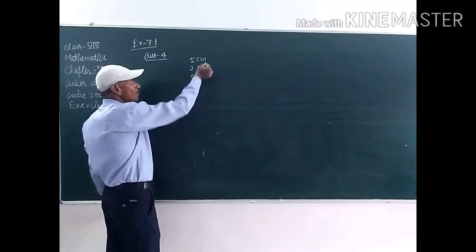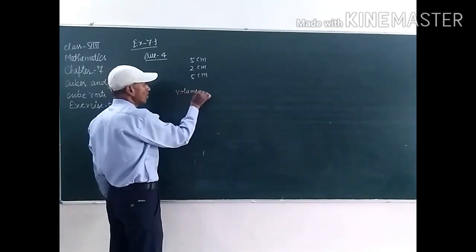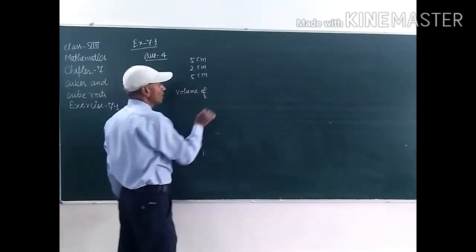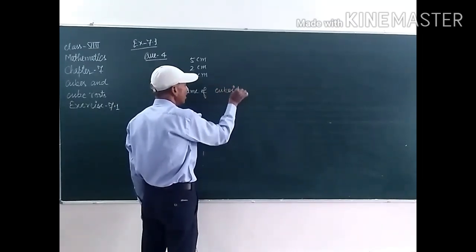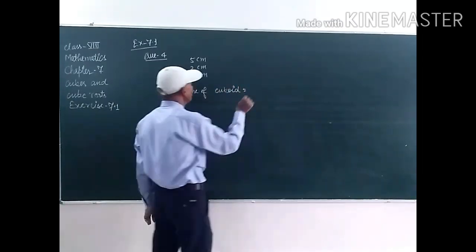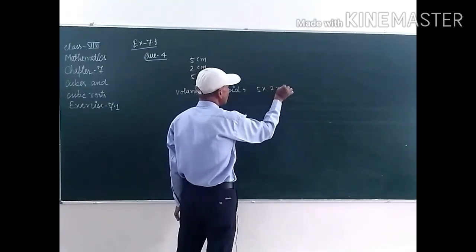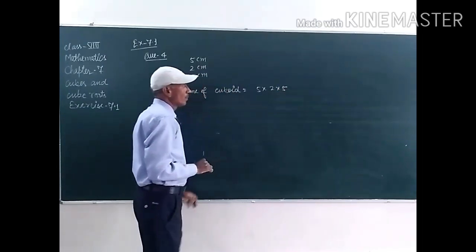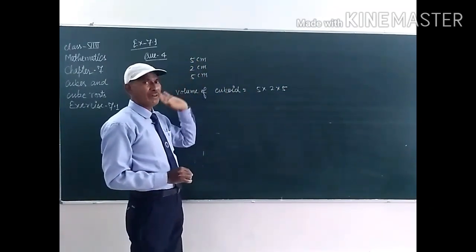So first of all, we have to find the volume of this. Volume of cuboid is equal to 5 into 2 into 5. This one 5, 2 and 5, student.